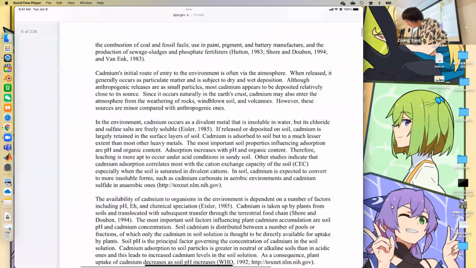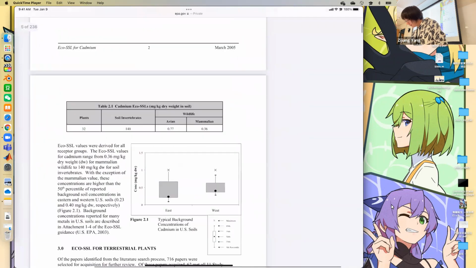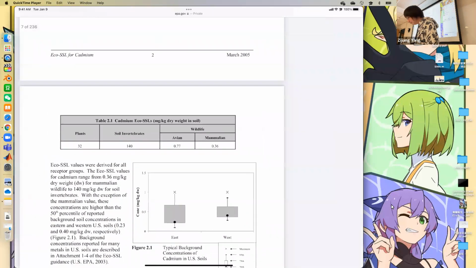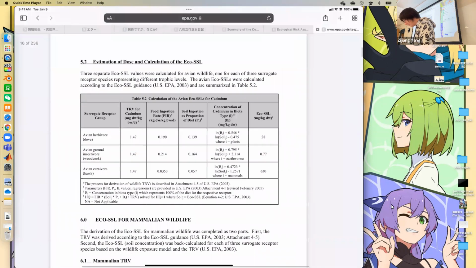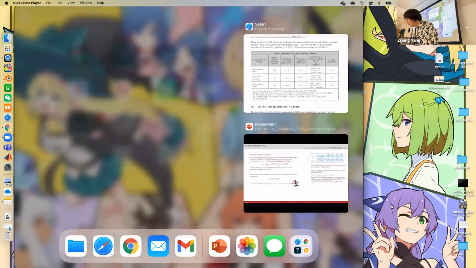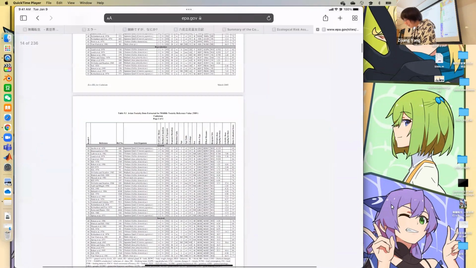So for this one, oops. This value is a required concentration in the soil. It is not the TRV. Yeah. And for this one, it provides the TRV and some other parameters that will be used to calculate HQ. The CS was not here on your slides. The CS is the concentration in soil. Yes.